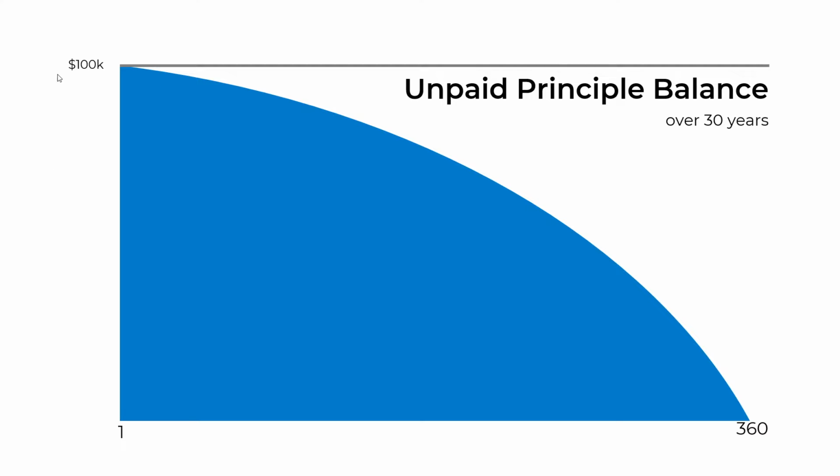This gray bar at the top will represent the property value of the underlying collateral. Now, we're going to pretend that it stays solid and doesn't move. We know that this would go up and down over time depending on what's happening over the 30 years, but just to make it simple, we'll leave it straight across.